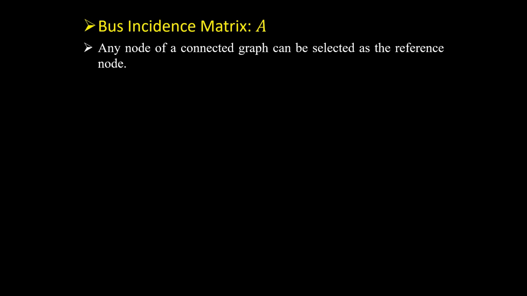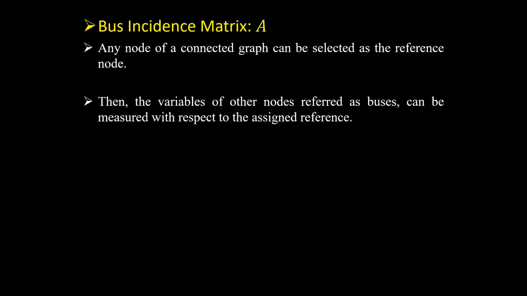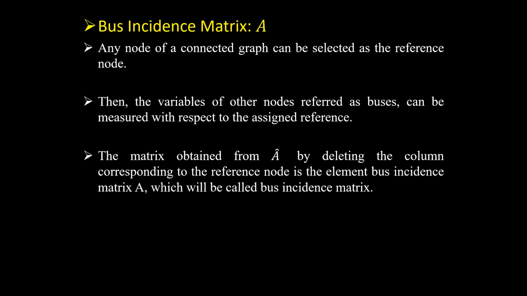Right now it is not necessary. Remember, out of the n buses, we will select one bus as a reference bus. Then the variables of the other nodes, referred to as buses, can be measured with respect to the assigned reference.